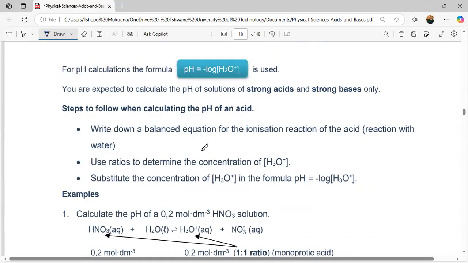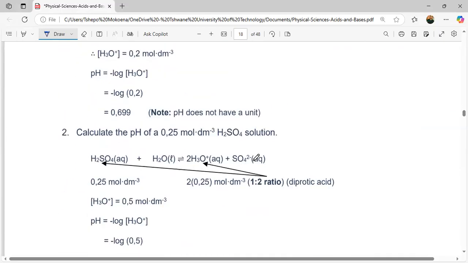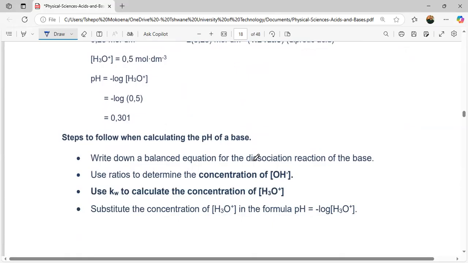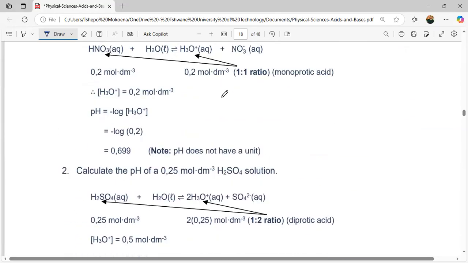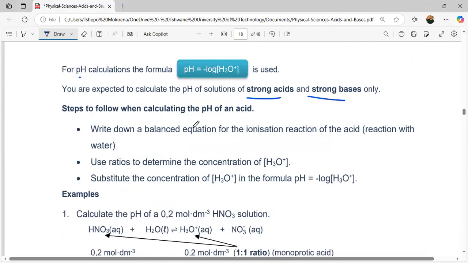And then here's my news. I said to you that for pH calculation, you use this formula, your logarithm, and you're expected to calculate the pH of a strong acid or a strong base. You get my point. Here's another thing. You know what I've realized now? A lot of learners think pH is only for acid because you use these ions for acid.